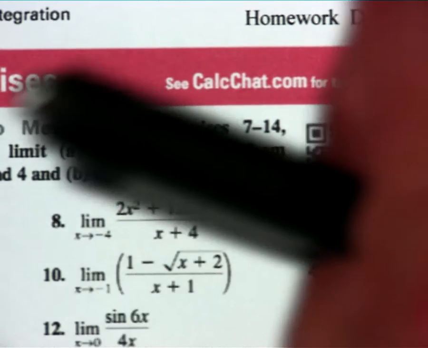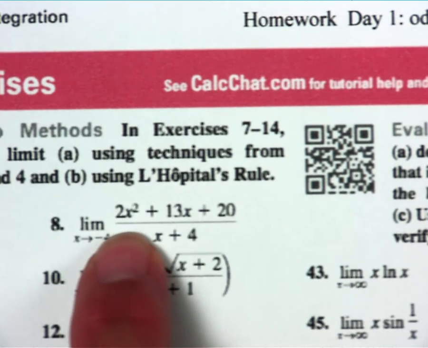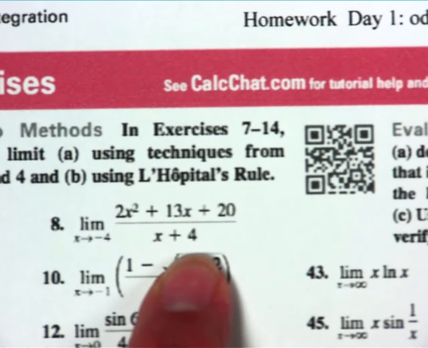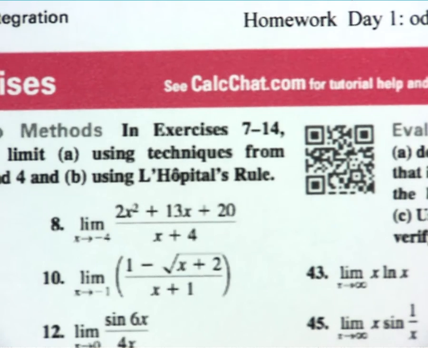If we take the derivative of the numerator, what is it? 4x plus 13, and the derivative of the denominator is 1. So if we plug negative 4 into 4x plus 13, we would get the same answer as if we factored the numerator, canceled the common factors, and did it by direct substitution.